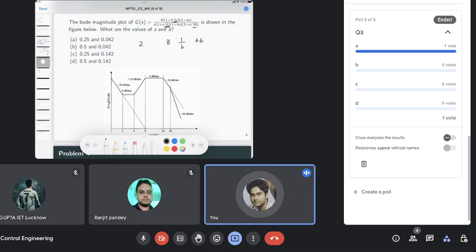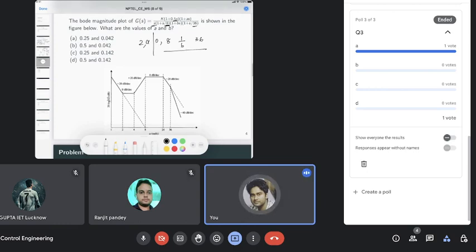So 2 and 1 by A. These are the zeros and these are the poles, and initially you also have a pole at the origin, so from the beginning you have a minus 20 dB per decade slope. Then at 2 this zero occurs, so you have minus 20 plus 20, so a 0 dB slope. Then you have another corner at the point 4, which you have not accounted for, so 1 by B should be equal to 4, or B equal to 1 by 4.